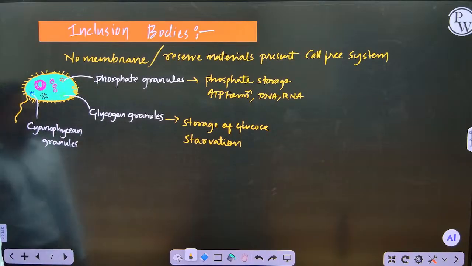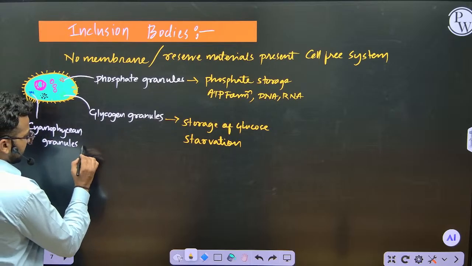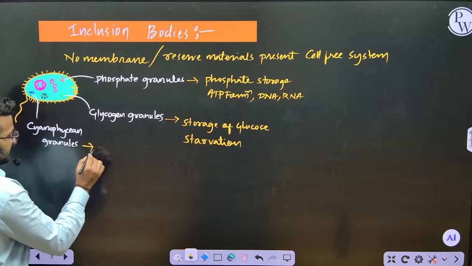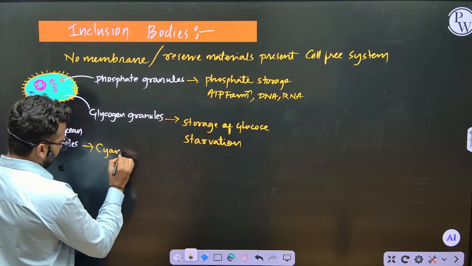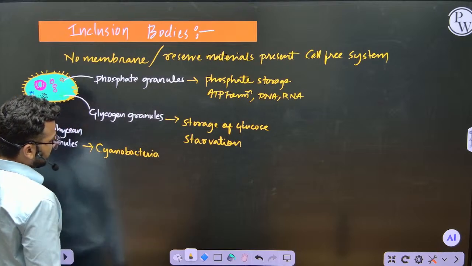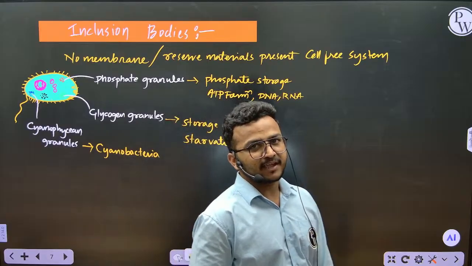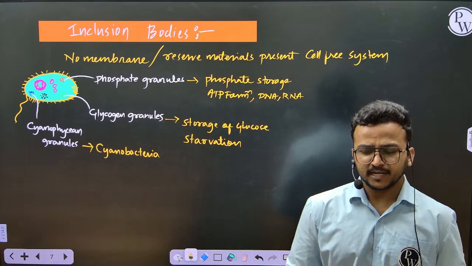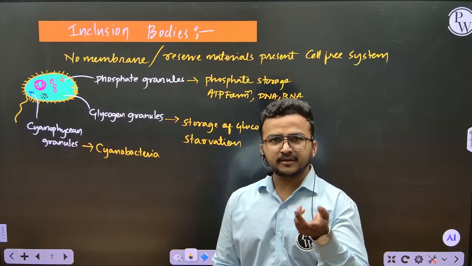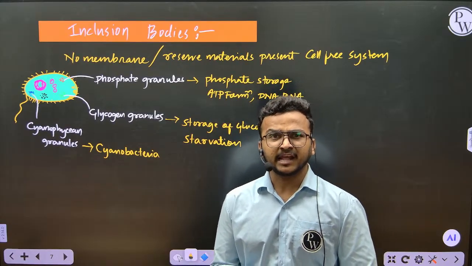So coming to the cyanophycean granules. Here, cyanophycean granules are what we see in cyanobacteria. Cyanobacteria are nothing but blue-green algae. And where do we see these cyanobacteria? One example you can take is paddy fields or rice fields.